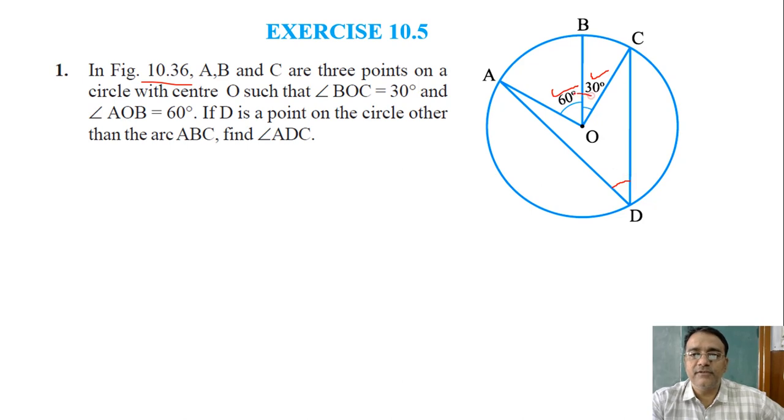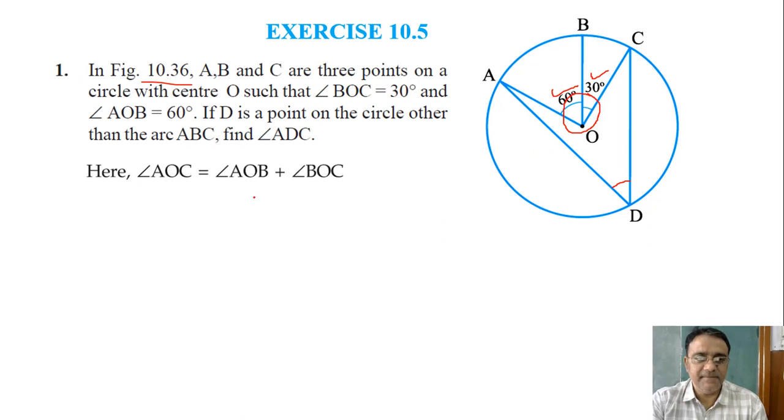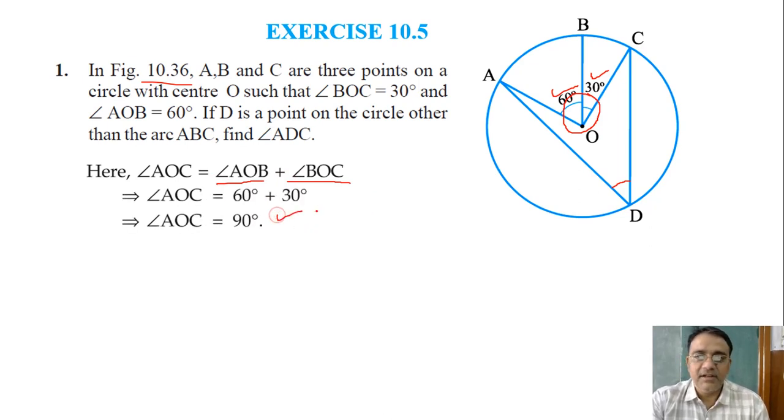So what we will do, we will find this angle AOC. How will you find angle AOC? Angle AOB plus angle BOC, right? Angle AOB is 60 degree and this angle is 30 degree. So 60 plus 30 will get 90 degree. Now this angle AOC is double of this angle.